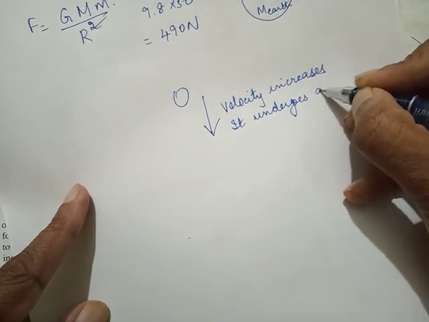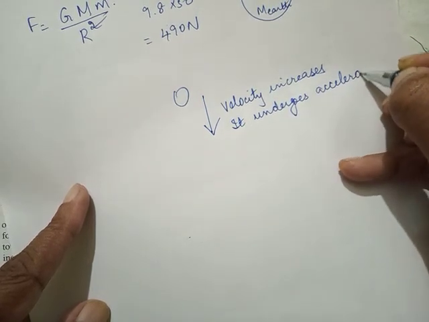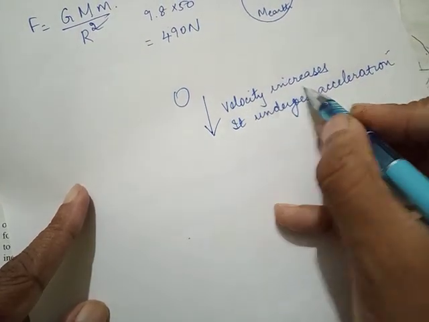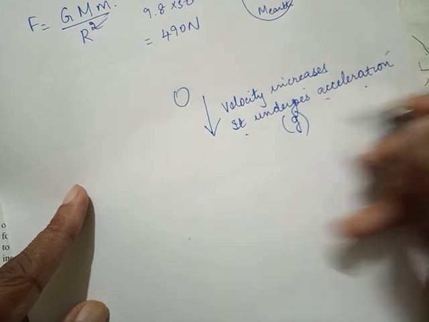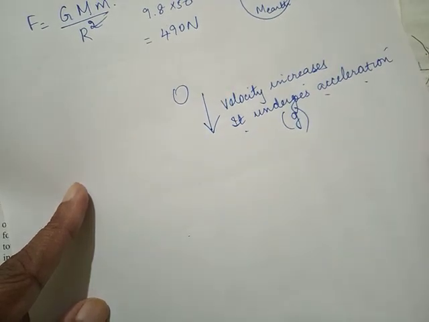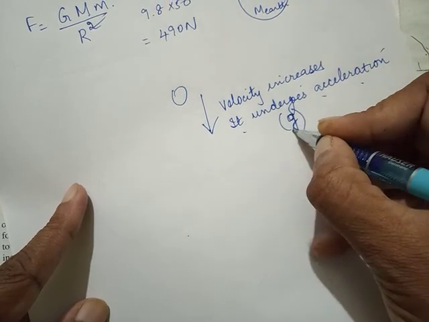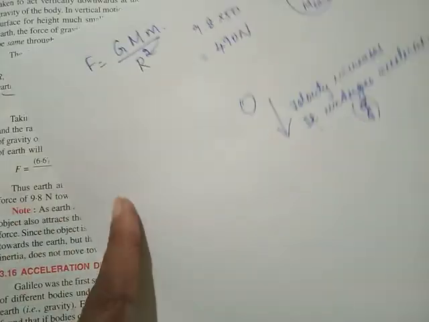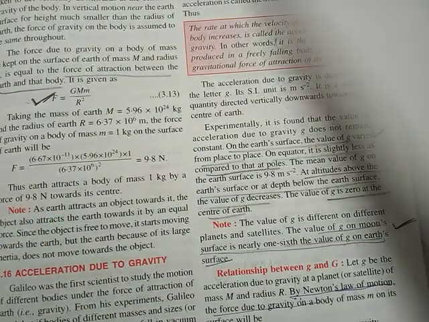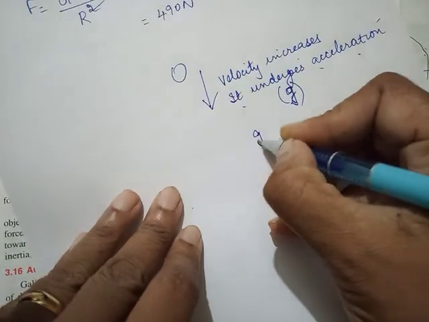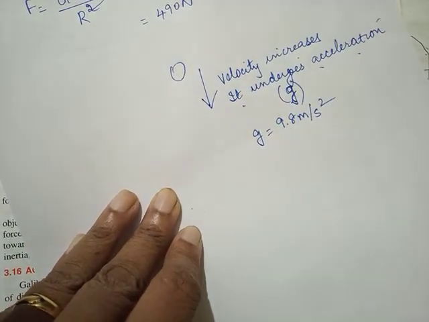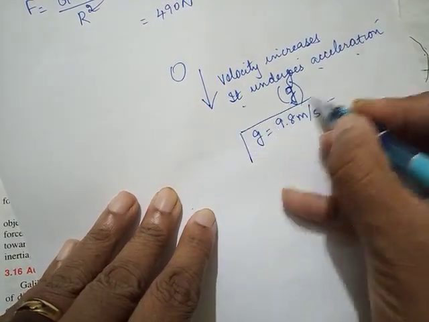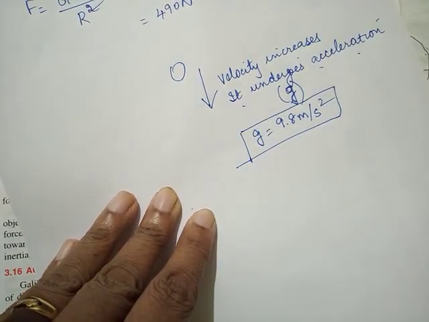Whenever a body is falling down, its velocity increases. That means it is undergoing acceleration, and that acceleration is called acceleration due to gravity, represented by letter g. Now the value of g, as you know, on the surface of Earth is 9.8 meter per second square. This is an average value.